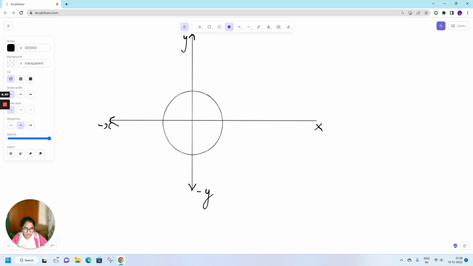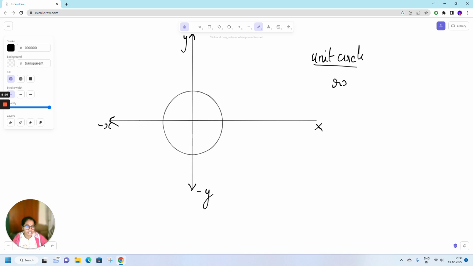A unit circle means that from the origin to any point on the circle, the distance would be 1, which means the radius of the circle is 1.